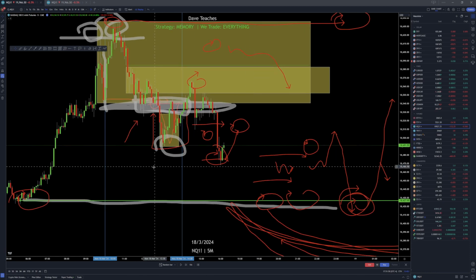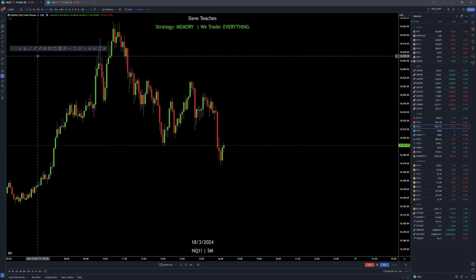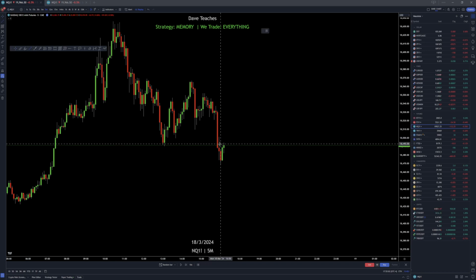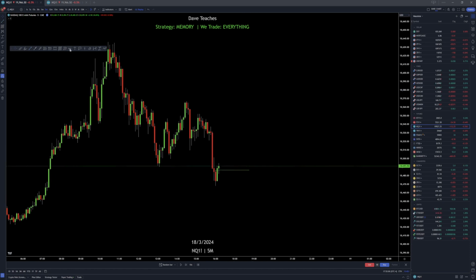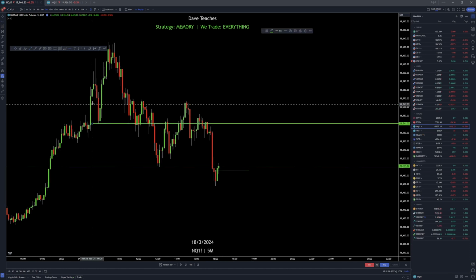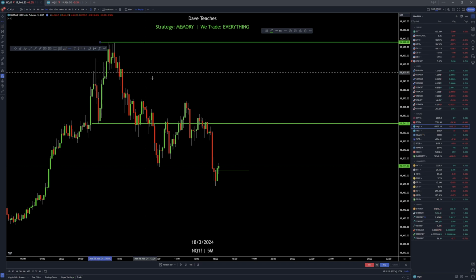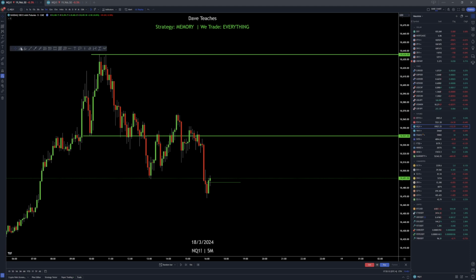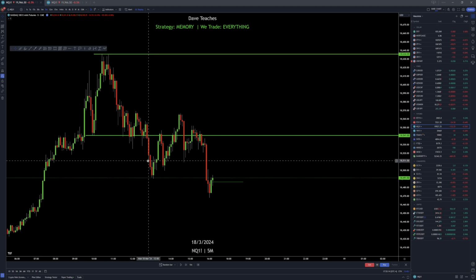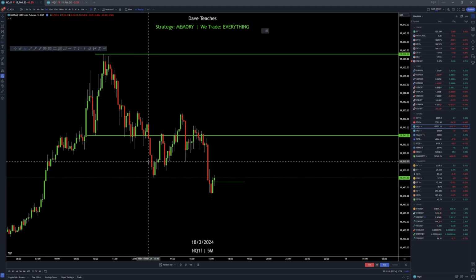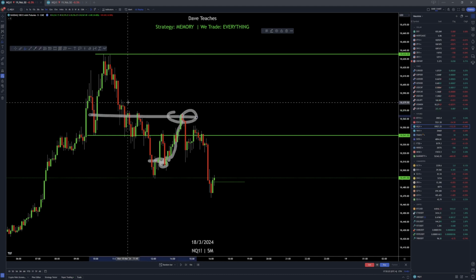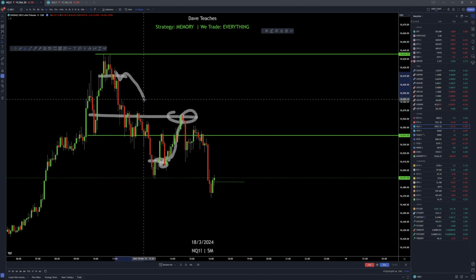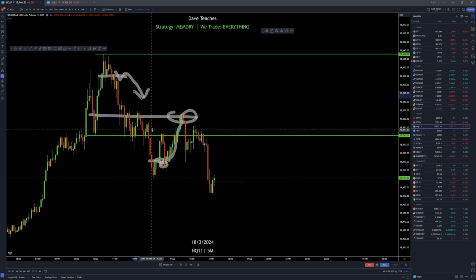And here's a candle closure. So here's essentially what I was saying. I said when we have that candle closure, you could often see us trade back to that 10 o'clock, right?